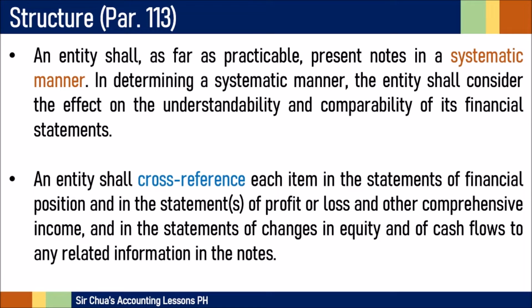Also, the entity shall cross-reference each item in the statements of financial position and statements of profit or loss and other comprehensive income, and in the statement of changes in equity and of cash flows to any related information in the notes.